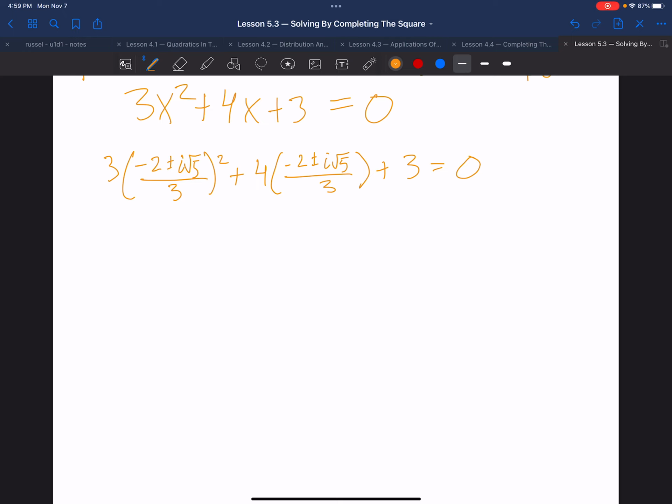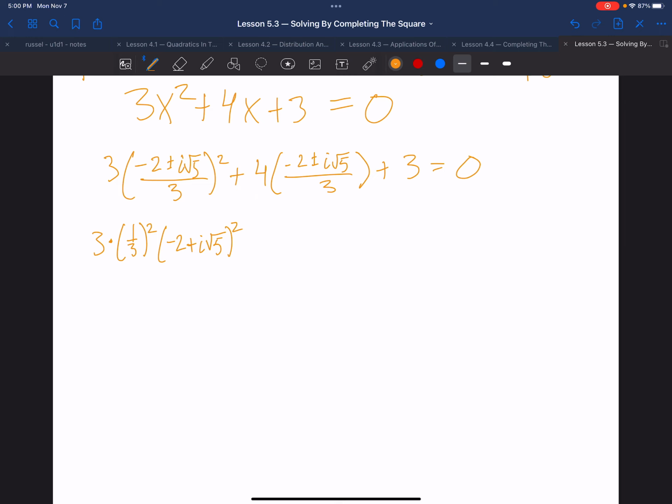So this first term right here, I'm going to factor out a third, kind of in a creative way. If I do this, this is like saying 3 times 1/3 squared times negative 2 plus or minus i root 5 squared.